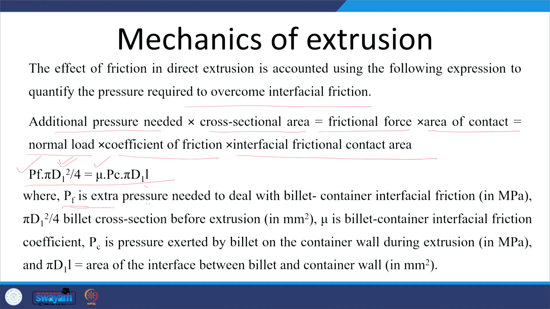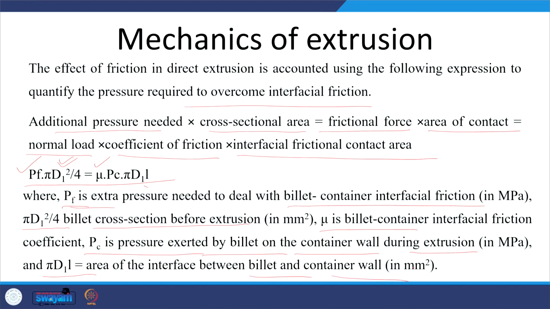PF is the extra pressure needed to deal with the billet or raw material container interfacial friction. Pc is the pressure exerted by the billet on the container wall during the extrusion, and pi d1 L is the area of the interface between the billet and the container wall.